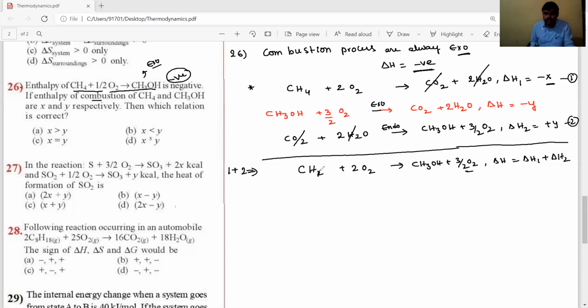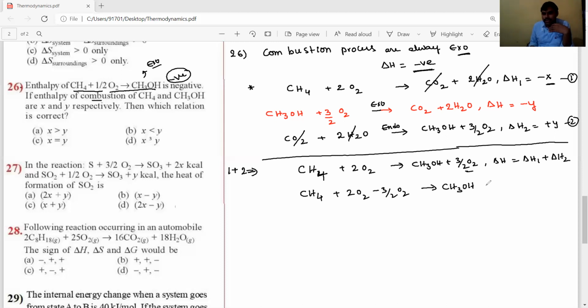Then CH4 plus 2O2 minus 3 by 2 O2, the LCM is 2. 4 minus 3 by 2 O2 is nothing but half O2 will come.